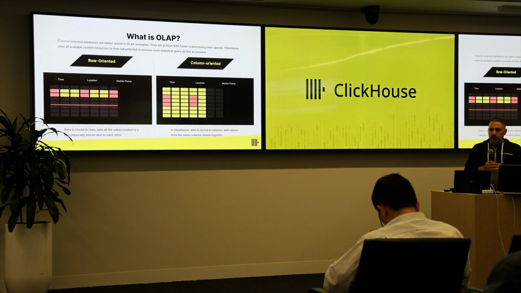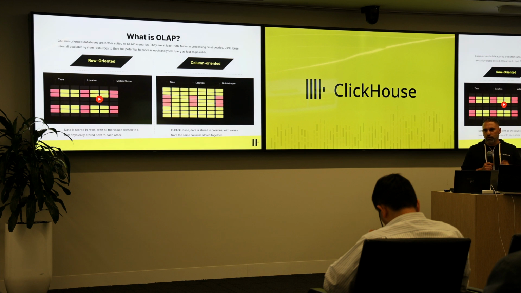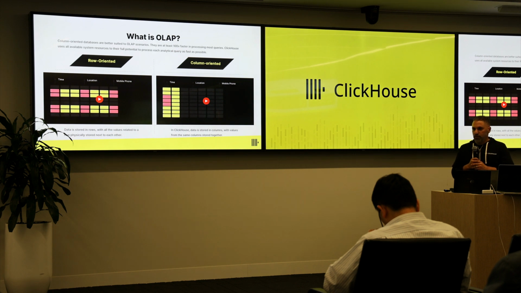With an OLAP database, because it stores every single column in its own file, it doesn't need to scan every single row. It just scans the columns that it needs to search for, and it runs aggregations against those columns. And the performance of columnar-based storage is tremendous in terms of being able to process and ingest millions or even billions of rows per second. So it's quite powerful to be able to do that on the bigger stuff.